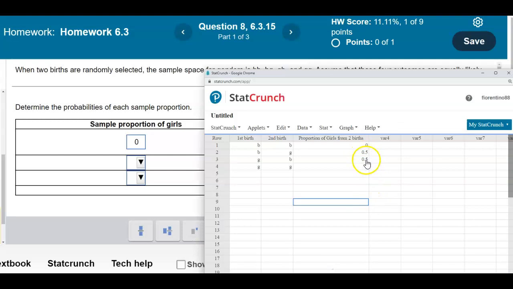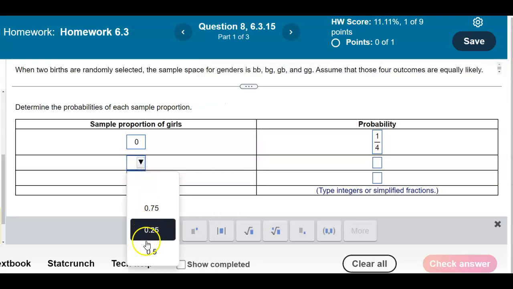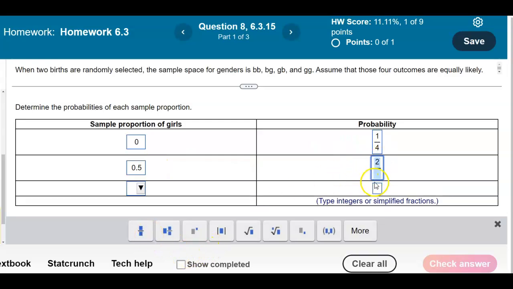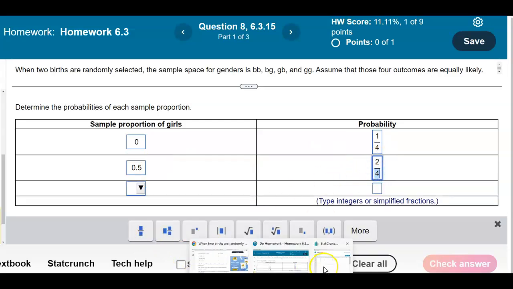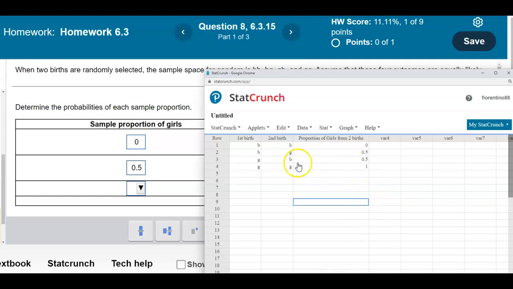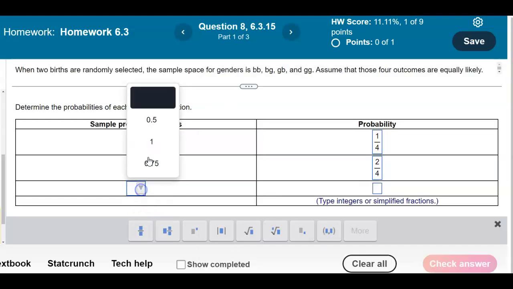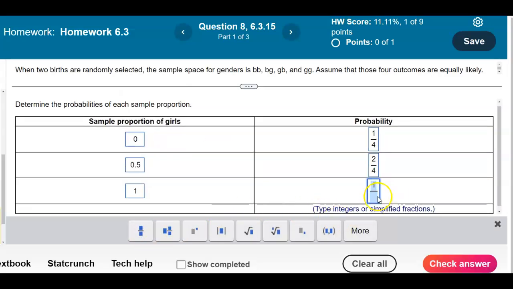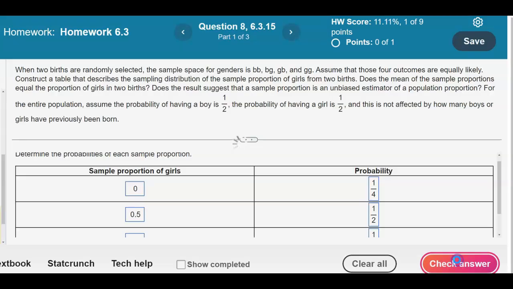That means we have 2 of those out of the 4, so the probability of getting 0.5 is 2 out of the 4. In the last scenario, we get a 1 out of the 4, so we put in 1, and the probability of that is 1 over 4. Keep in mind this 2 over 4 reduces to 1 over 2. Now let's check our answer.